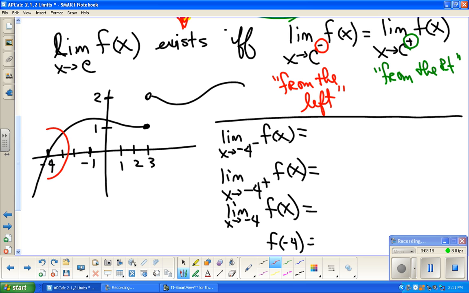Notice at -4, it appears that that is the 0 of this function. So this is a graph of y equals f of x. So -4, 0 is a point on this graph. This says as x approaches -4 from the left.